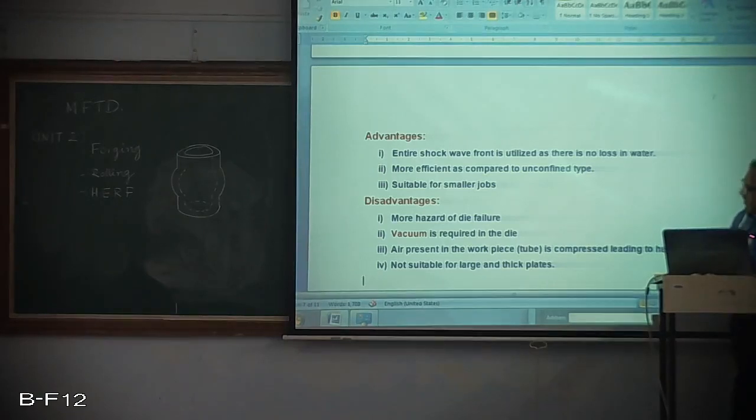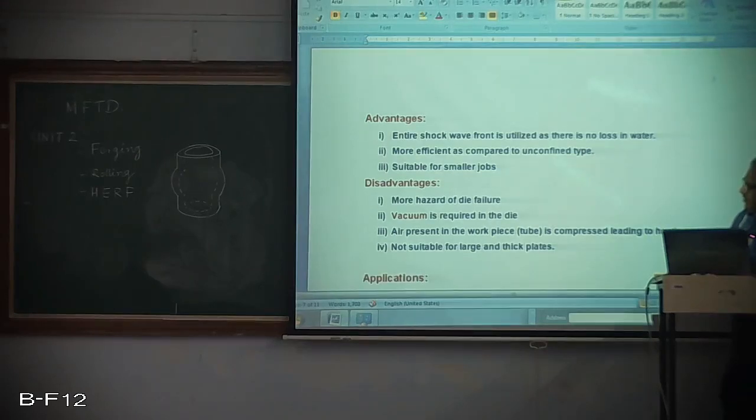Disadvantages are that there is more possibility of failure of a die, hazard of die failure. Again, vacuum is required, and vacuum adds to the cost, as you know. Okay. And again, in the tube, whatever is the air, it is difficult to evacuate that, because for burning of the fuel you require air.